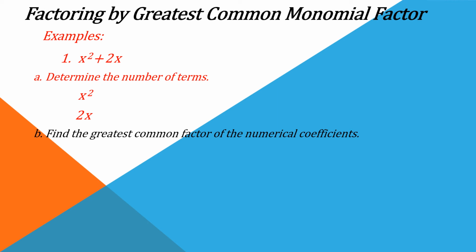If it is numerical coefficient, it means the numbers of the terms. In x squared, the numerical coefficient is equal to 1. And in 2x, the numerical coefficient is 2. And the greatest common factor for 1 and 2 is 1.